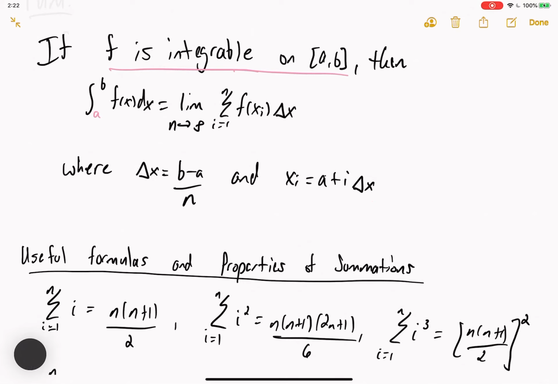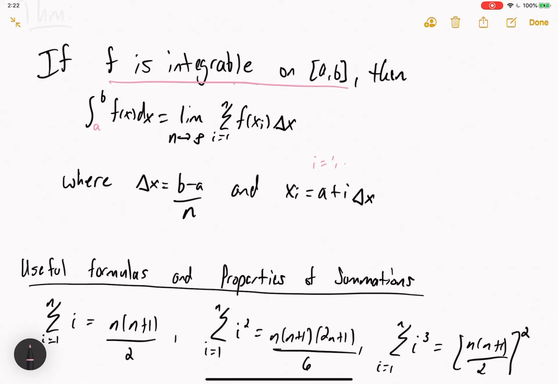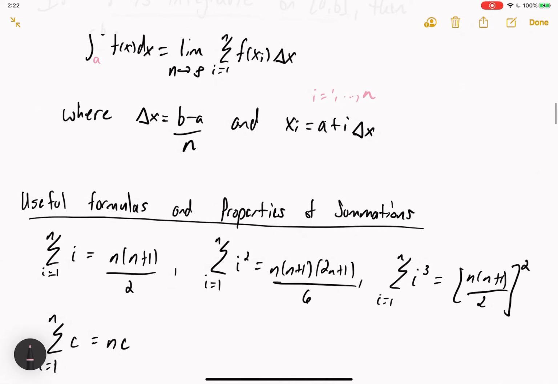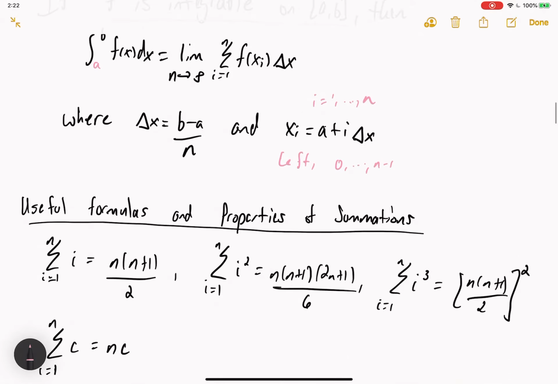For right endpoints, i would go from 1 to n. If it was the left endpoints, so if it was left, then it would go from 0 to n minus 1. Because if we look at the interval, let's say this would be x0, let's say it's 0. x1, this was our first rectangle right here. And then our last one would be, say this is x_(n minus 1), and this would be x_n.